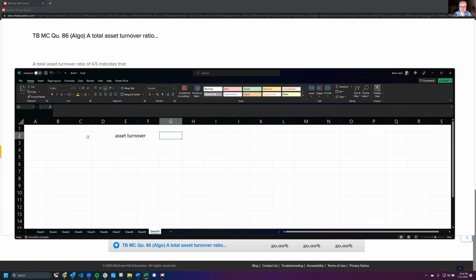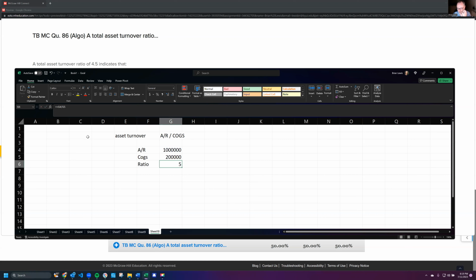So on the receivable side, it's AR divided by COGS. So if AR is $1 million and COGS is, I don't know, $200,000, then my ratio turnover is going to be that divided by that.